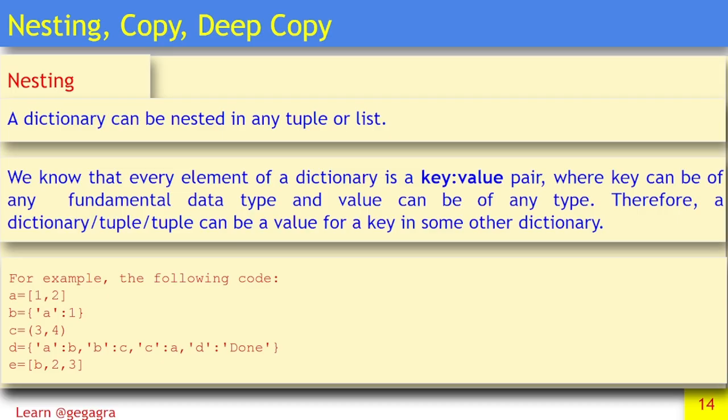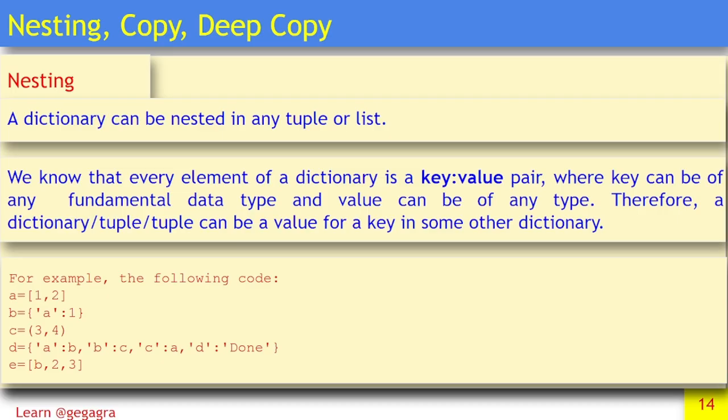Now E is equal to B comma 2 comma 3. So what is B? B is again a dictionary. So this is the list of the dictionary. So again dictionary is nested in the list, and that is why I have given the name nesting. Means dictionary can reside within the dictionary. Dictionary can reside in the tuple, and dictionary can reside within the list as well, and vice versa. So this is how we can say this is nesting.